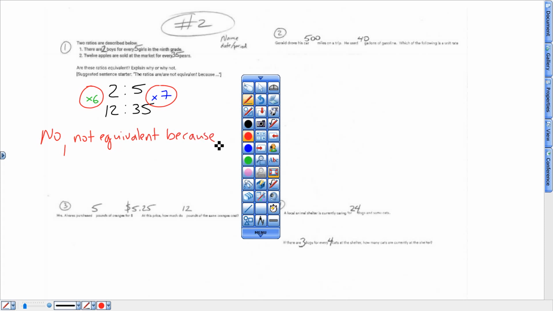Because one number multiplied by 6, and the other number by 7.